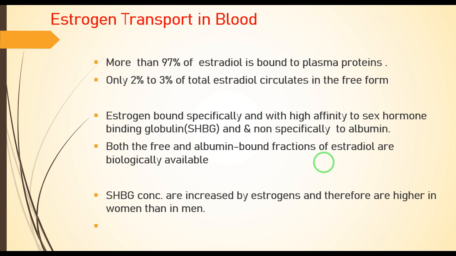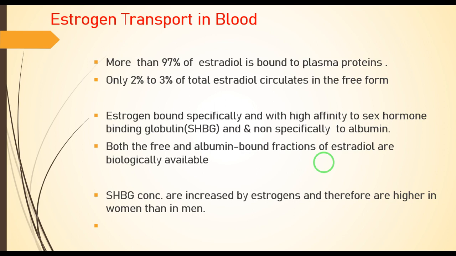The binding protein could be either specific, which is called the sex hormone binding globulin, which is characterized by binding to estrogen with high affinity, meaning strong binding, but it has a low capacity. While the other protein is the albumin. Usually the binding is with low affinity, weak binding, but with high capacity.